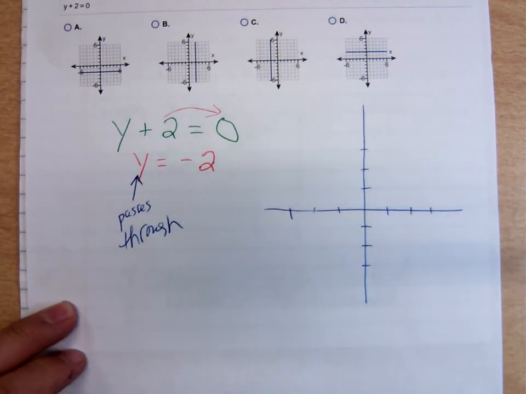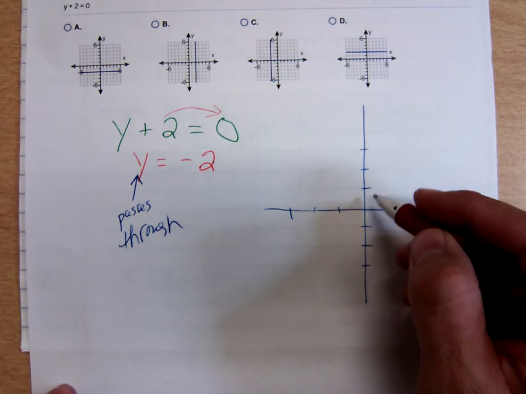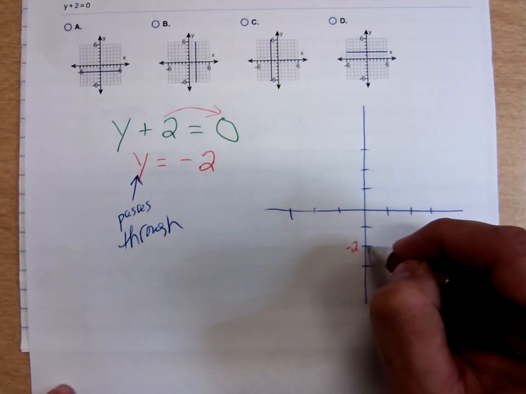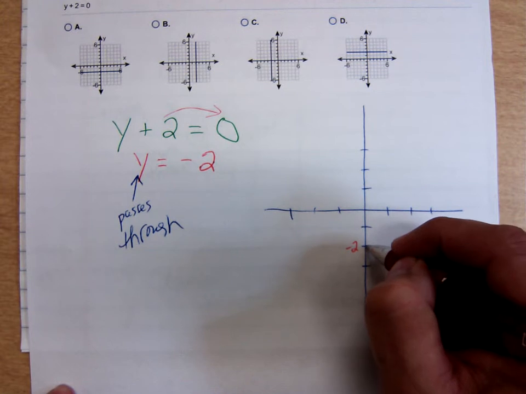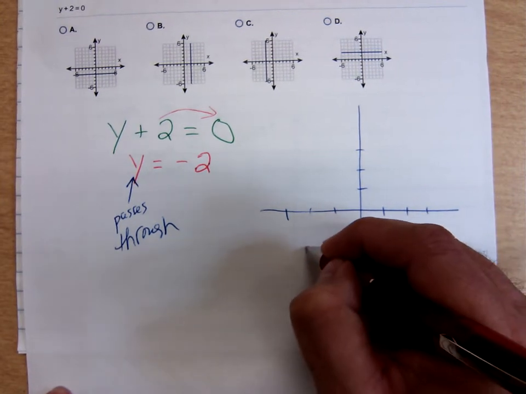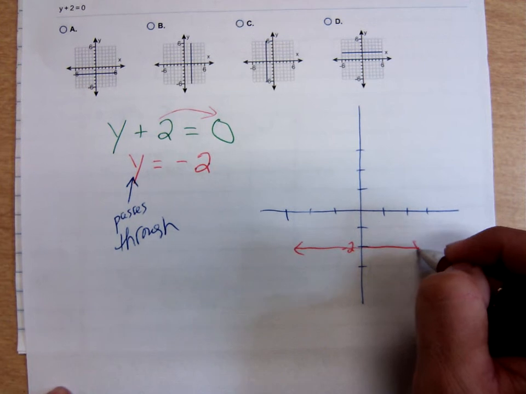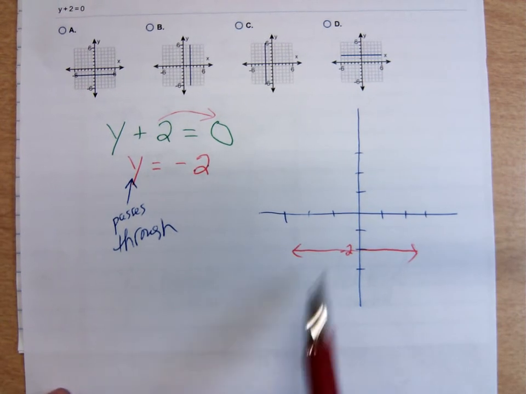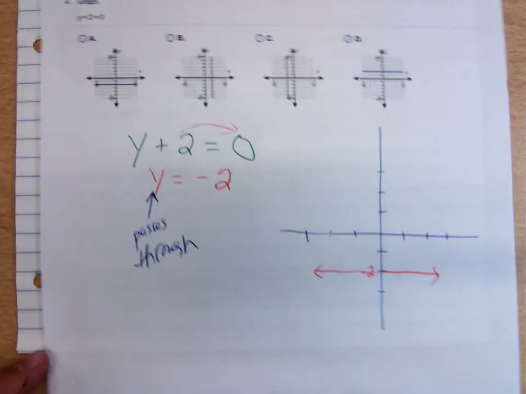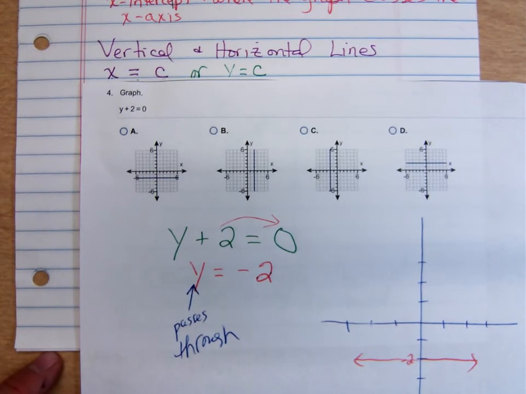Okay, so it's passing through the y-axis at -2. Is that right there? -2 on the y-axis? Yes. So just extend that little mark that's there. Okay. y equals -2. A, B, C, or D? Which one is it? C. Oh, I'm thinking it's A.